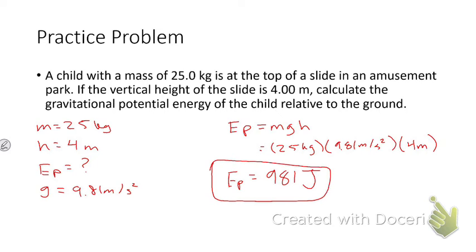So this is good. And maybe you're asking yourself right now, how on earth do we get joules from kilogram meter second squared meter? If we jump up to our fundamental units board, don't worry too much about this. This is more important for Physics 30, but I thought it was actually helpful for us. A joule is a kilogram meter squared per second squared.